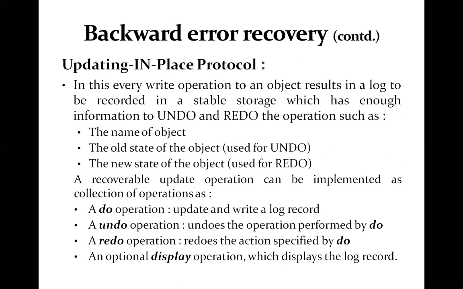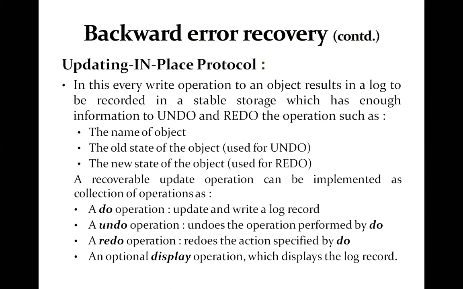Now, in the updating in place protocol, every update, whenever I say update, means a write operation. So every write operation to a particular object updates the object and results in a log being recorded in the stable storage.